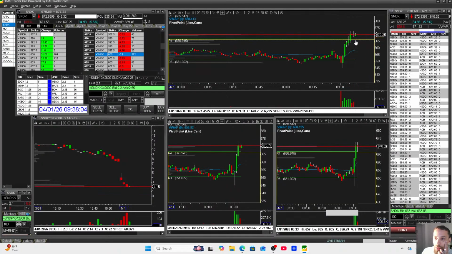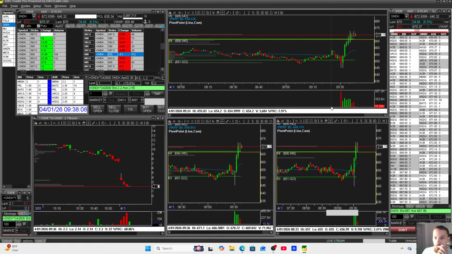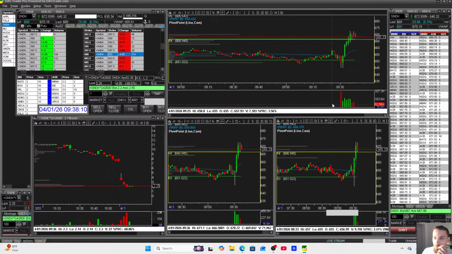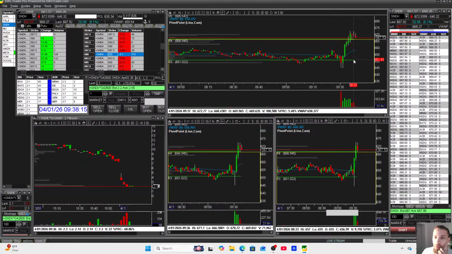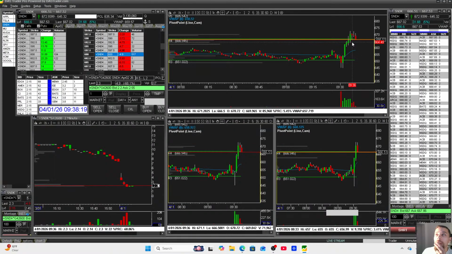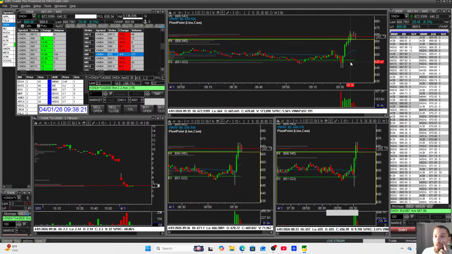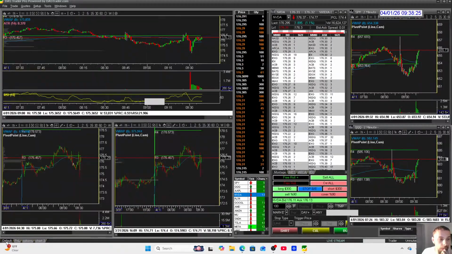Decent volume. Let's see. I tend to do much better trading after 15 minutes, so we're not quite at 15. So I don't want to rush this unless it's very obvious to me.